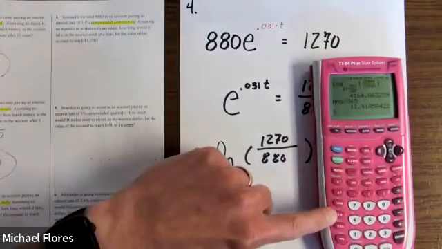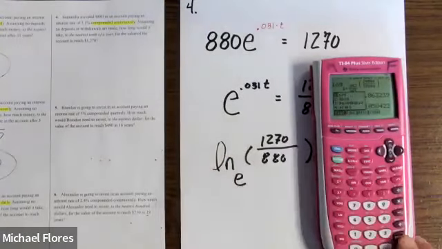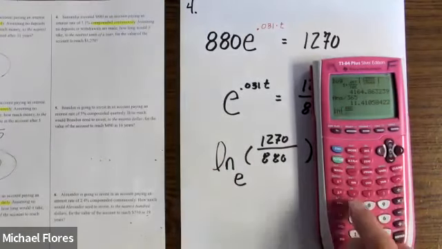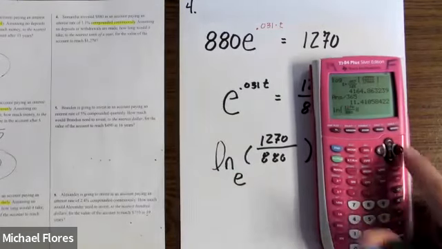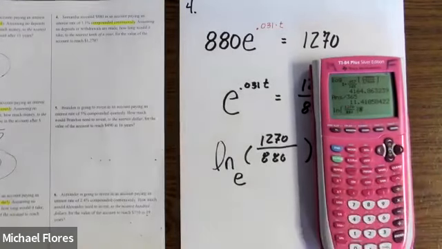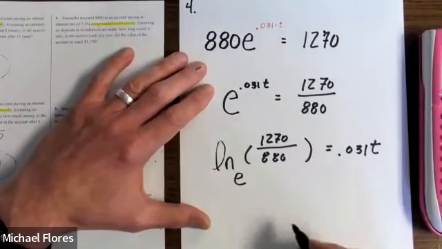The ln button is right here. Enter. So we have 0.3668.